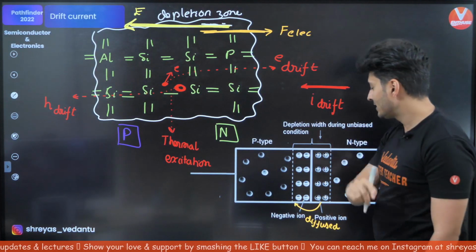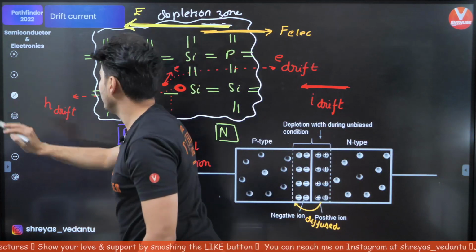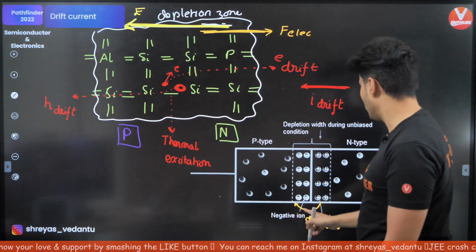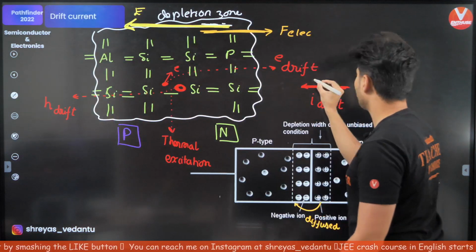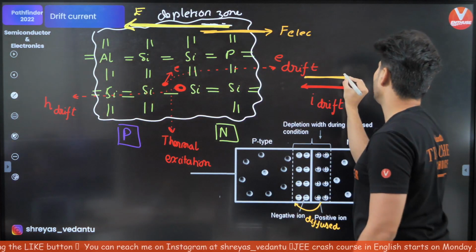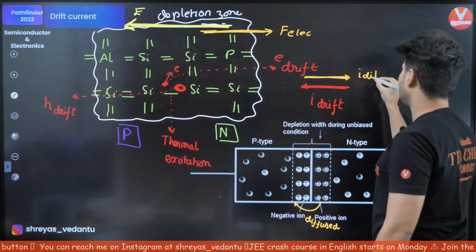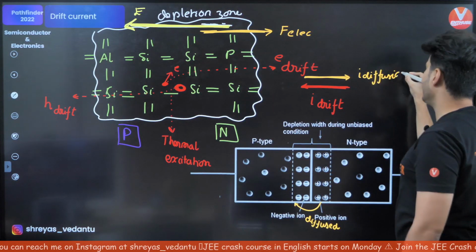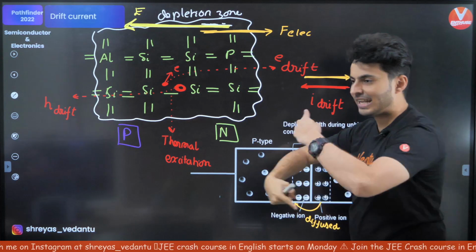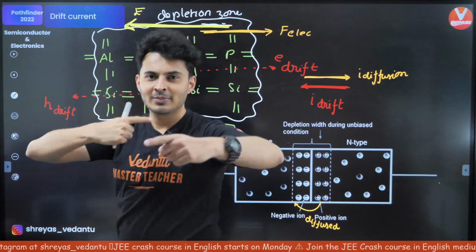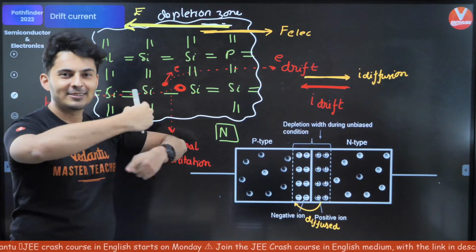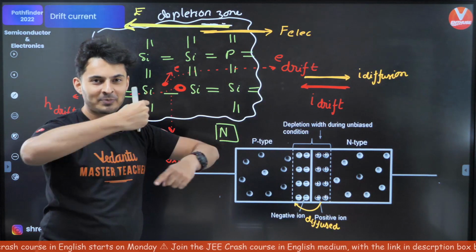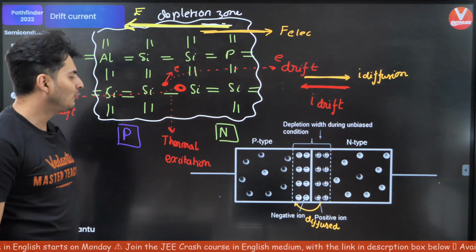Your diffusion current was the other way, and they will balance out each other. This is like a dynamic equilibrium. And so there is no net charge movement. Net current is zero. Very, very important.